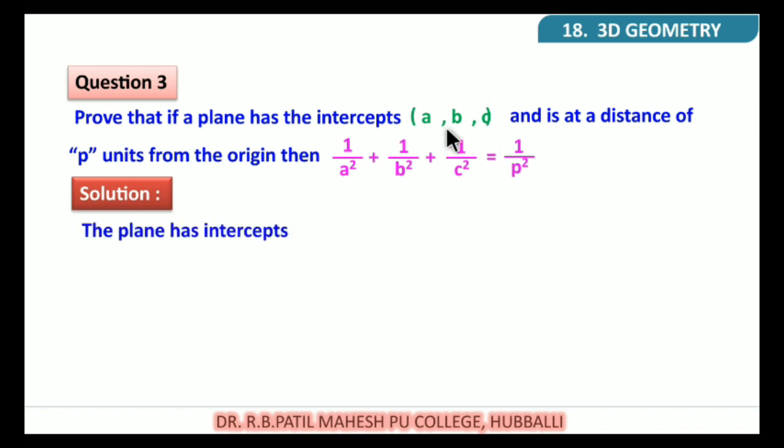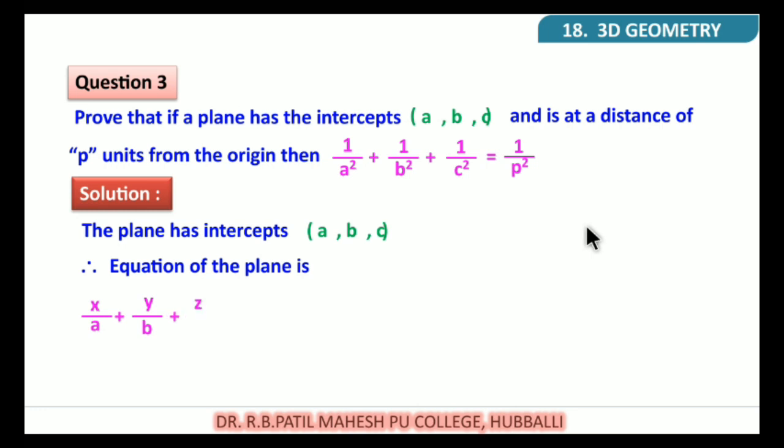The plane has intercepts a, b, c, which is the given data. Therefore the equation of the plane is x by a plus y by b plus z by c is equal to 1, as we have already discussed in the previous sessions.